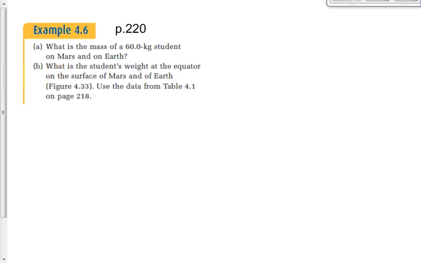Okay, well, the weight is the force of gravity. So we want to find the force of gravity experienced by this 60-kilogram student on the surface. Now, we got a couple of options here. Let's do the Earth first. In the end, if we can do the Earth, we can do the moon.